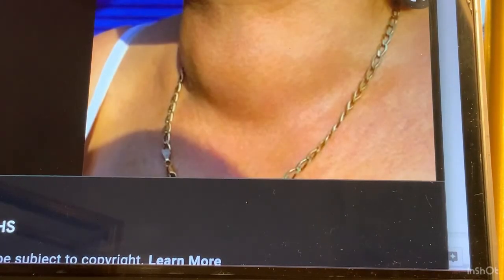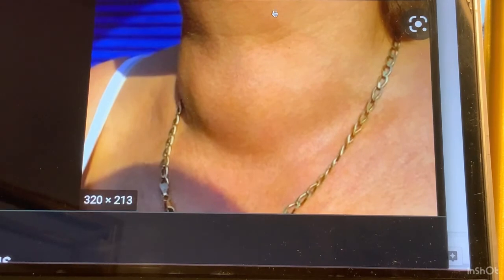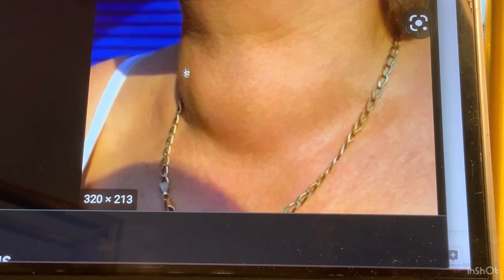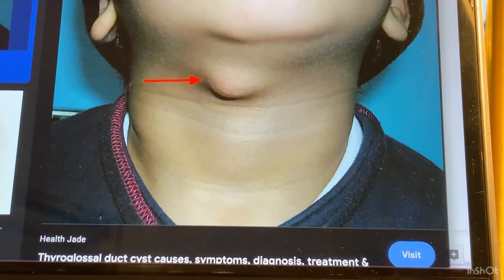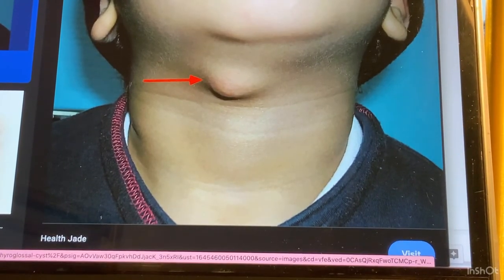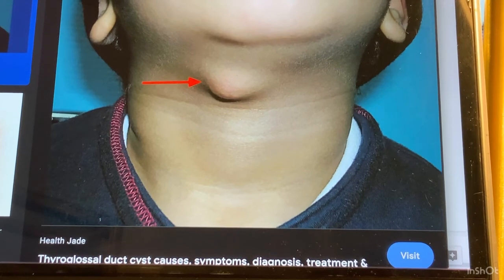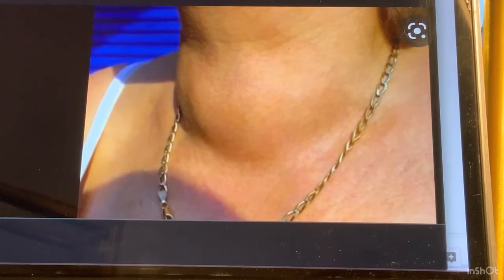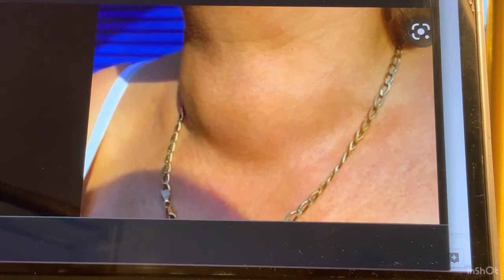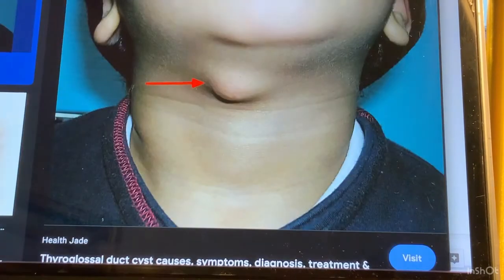Now let's talk about two final midline neck masses. Here is a midline neck mass, and here is another midline neck mass. To differentiate both of these, I know they look very different, but one of these moves on tongue protrusion. You're right. So this one is a thyroglossal duct cyst.